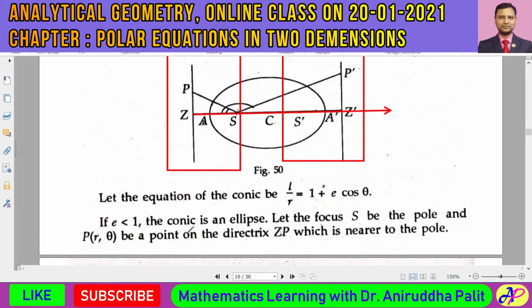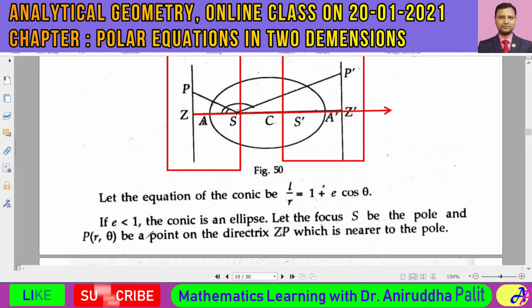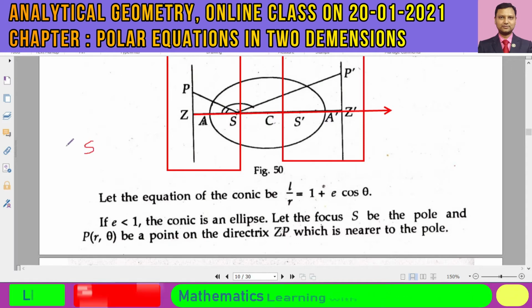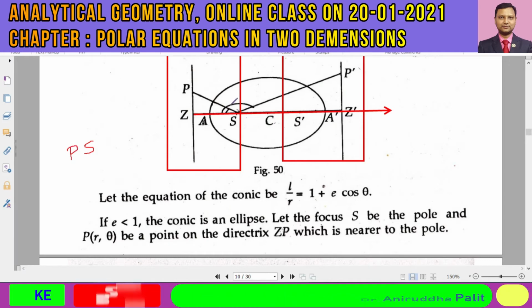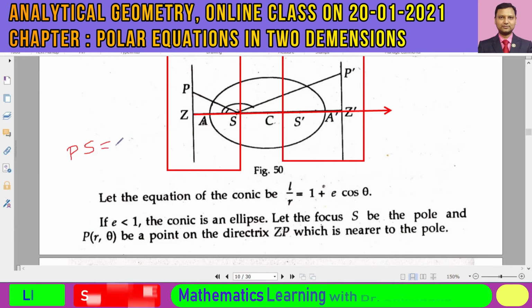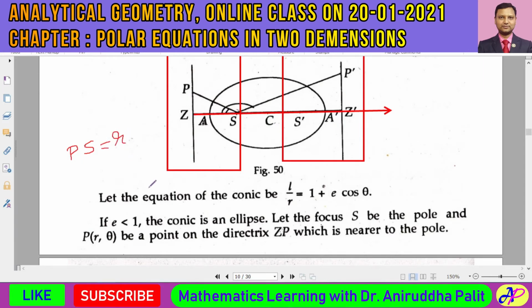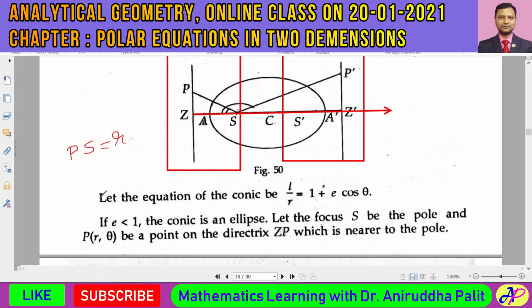All right. And if the coordinate is r comma theta, then what is r? You see, P to S, this much would be equal to the distance r, that is the radius vector. Okay, PS is equal to r. And what would be theta? Theta would be measured from this direction.